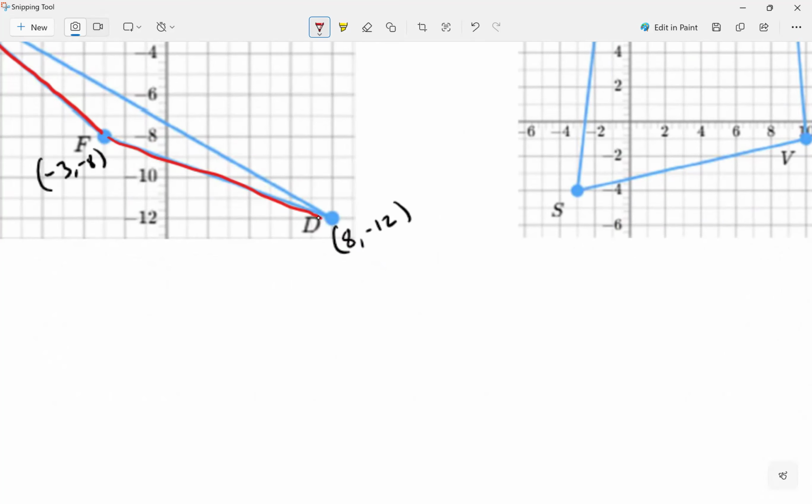Okay, let's take a look at the distance between F and D. If I was to subtract the x's, I'm looking at -3 and +8. If you need to, at the side, go 8 minus a -3. So if I subtract the x's, I get 11, right? If I subtract the y's, the distance between -8 and -12 is 4. And I get that the square root of 11 squared plus 4 squared is about 11.7046.